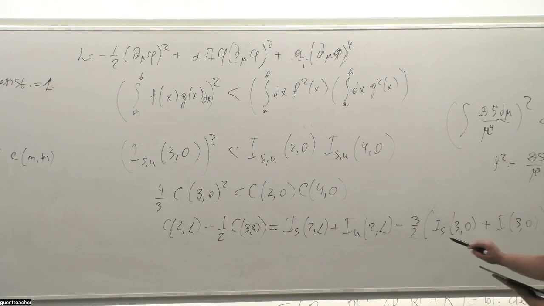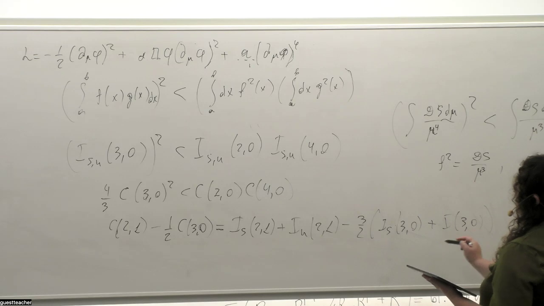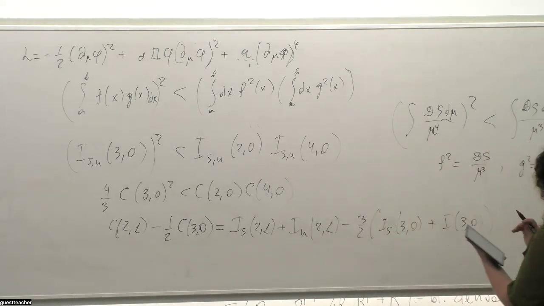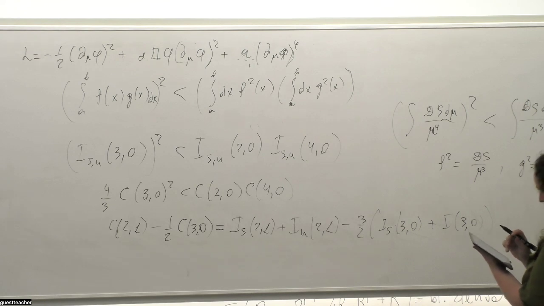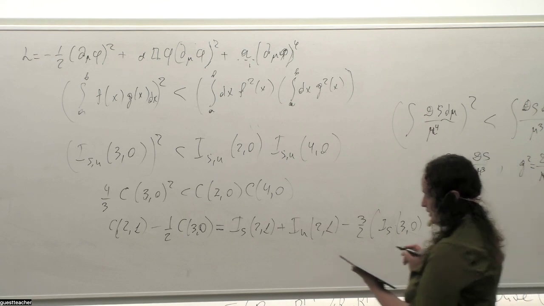And after that, I have a negative part, which I know is less than IS20, IS40, and that's why I can eventually come to the nonlinear inequality.